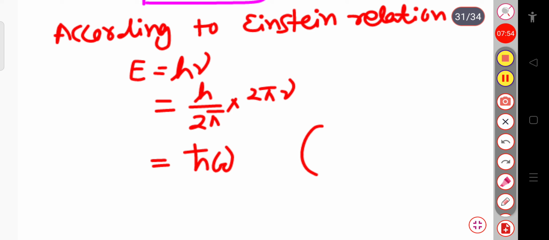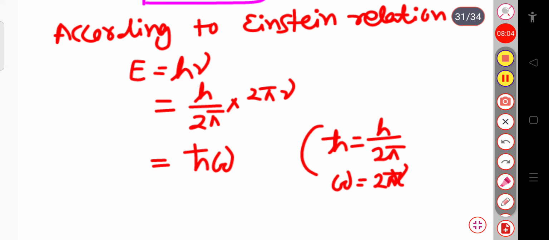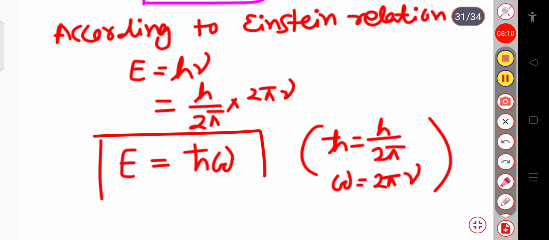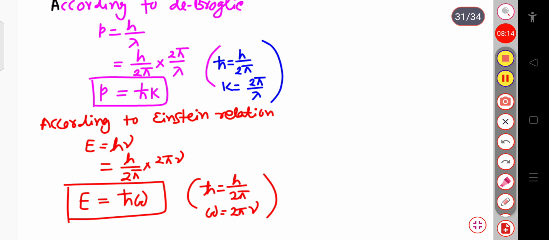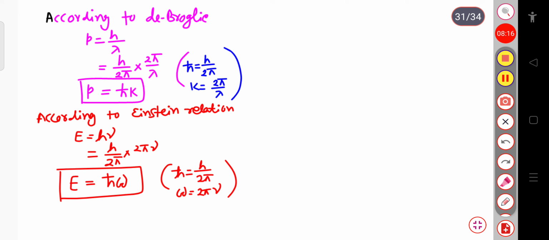Here we have substituted h cut as h by 2 pi and omega equal to 2 pi nu. So this energy equals h cut omega from the Einstein relation, and according to de Broglie relation, this linear momentum equals h cut k.